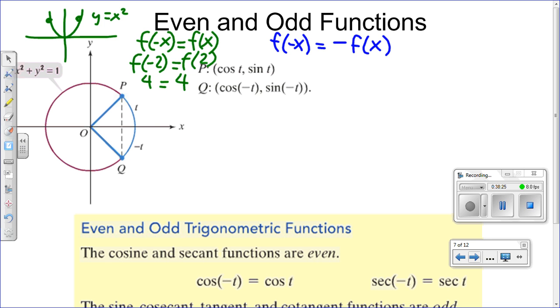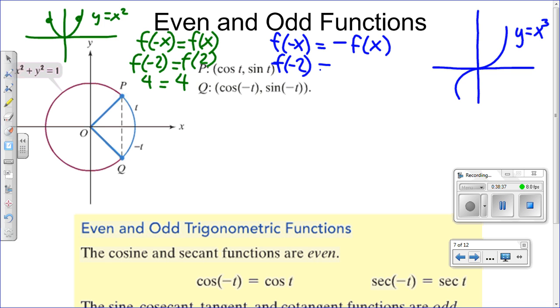Now, for odd functions, we commonly use the cubic function, parent function. So, for example, if I ask you what is f of negative 2, that will be negative 8. And what is f of 2, what is 2 to the third power?